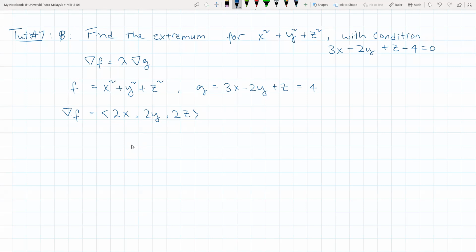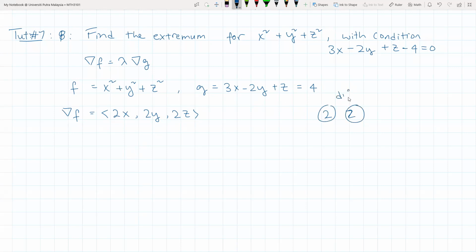Please be careful with z and 2, because sometimes you can be confused if you don't put the horizontal line on z.